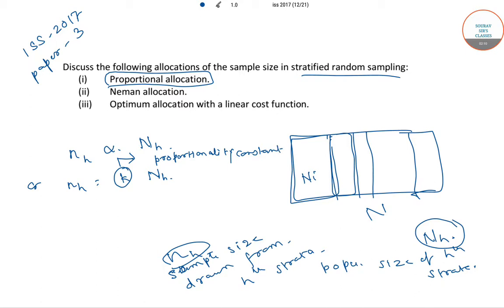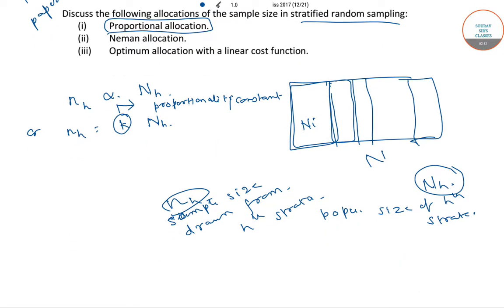Now if we take summation on both sides, h runs from 1 to L, where L is the number of strata.